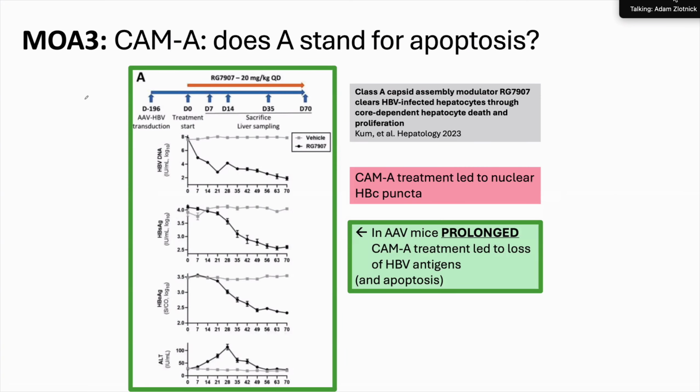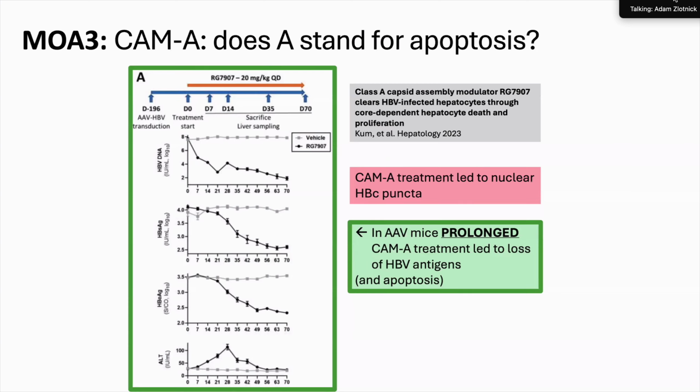A third mechanism of action is that CAMs apparently are able to lead to an apoptotic event. Does A stand for apoptosis? This is work that was originally demonstrated by the Alagos group and collaborators. And what they observed is that prolonged treatment with a CAM-A had remarkable effects.